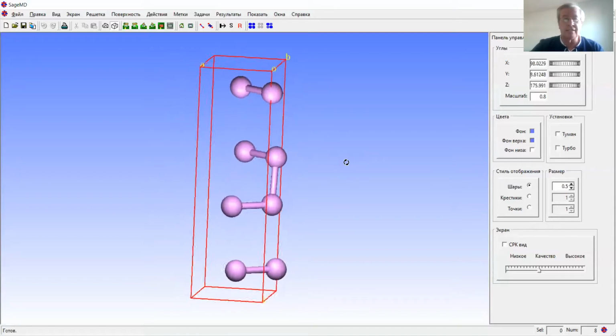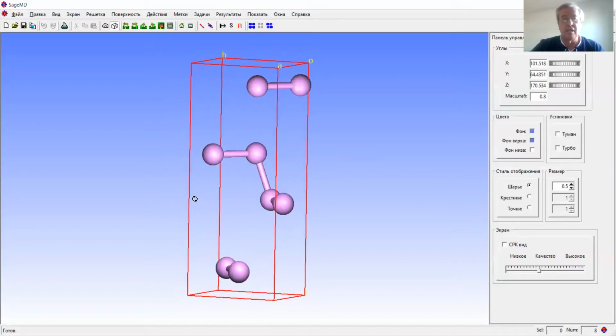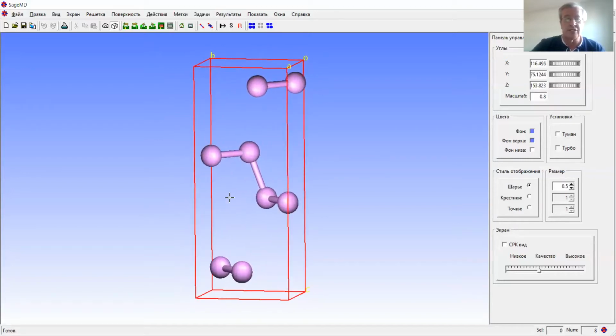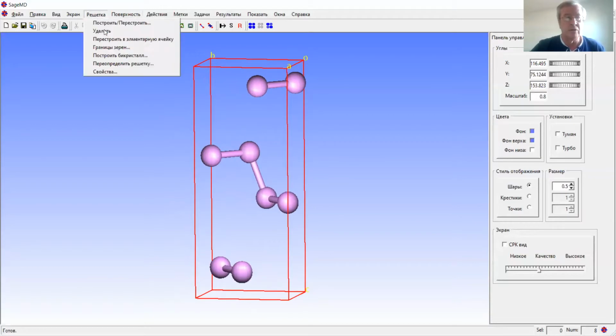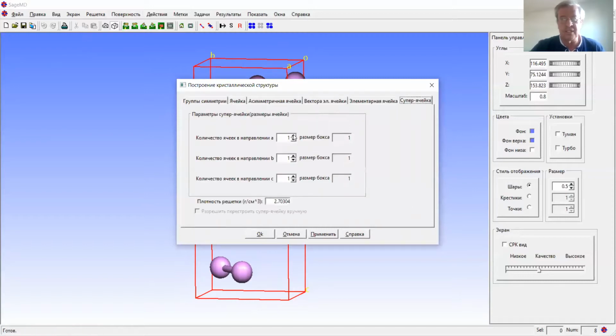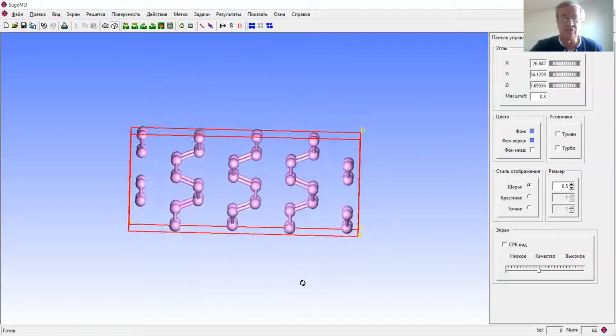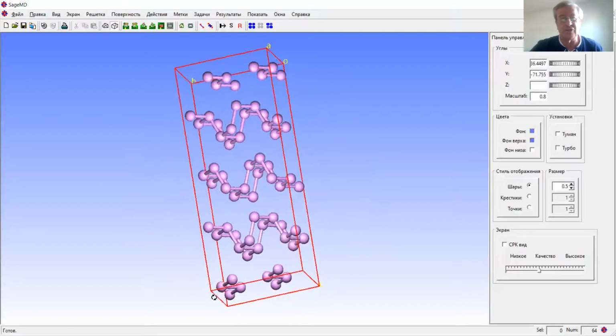So again, same as in the previous case, in order to see the coordination or chemical bonding inside the crystals, we go again and increase the cell in order to see the chemical bonding more clearly. If we increase the cell, we see that the structure is actually quite interesting.